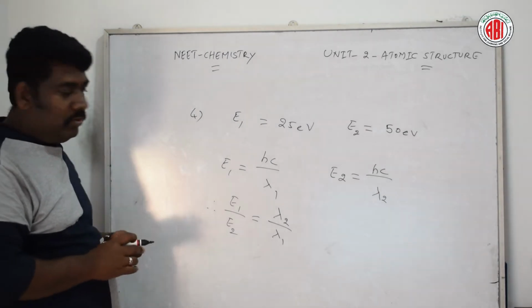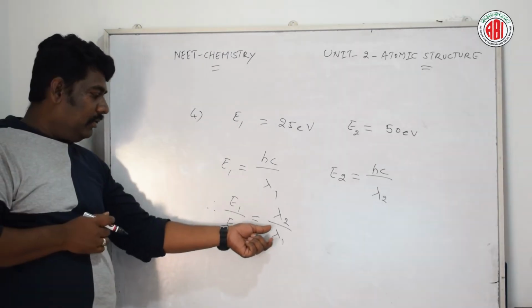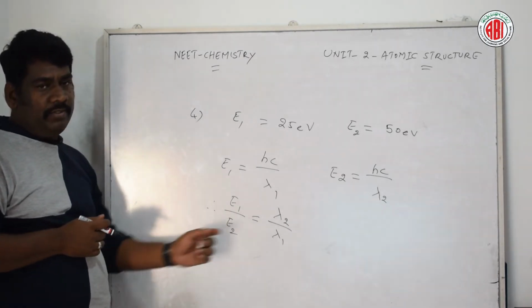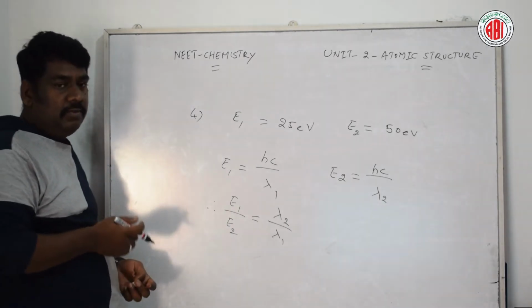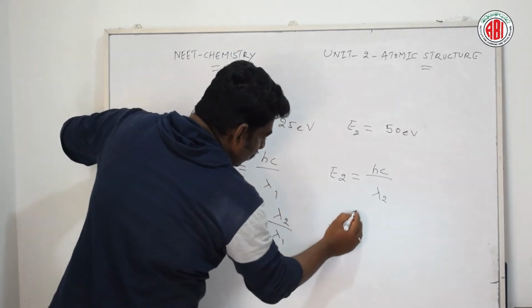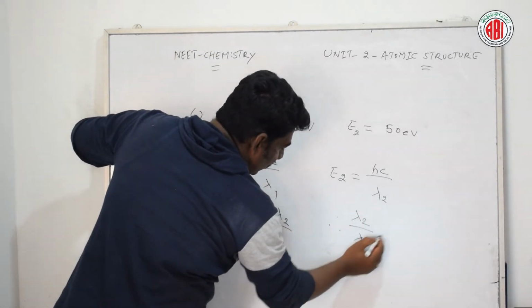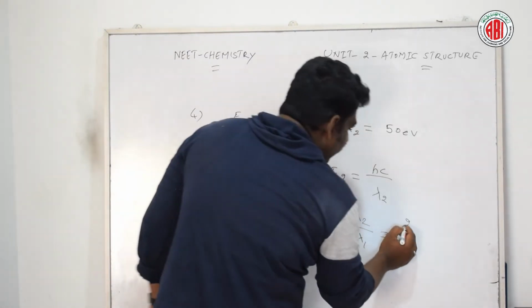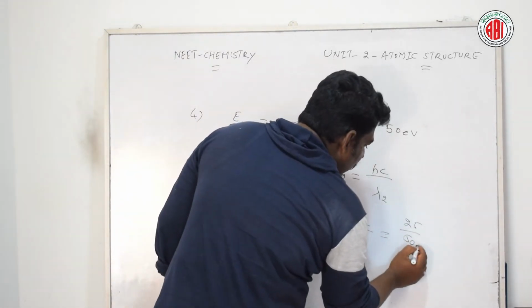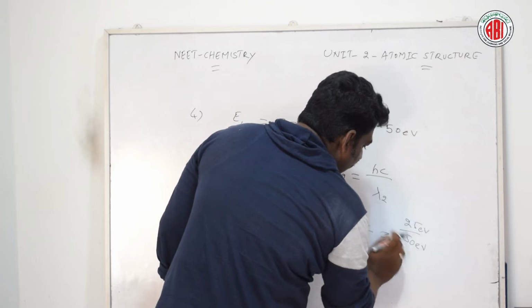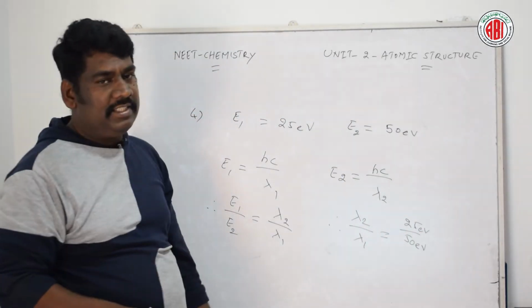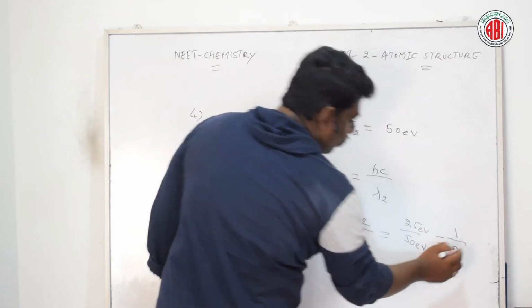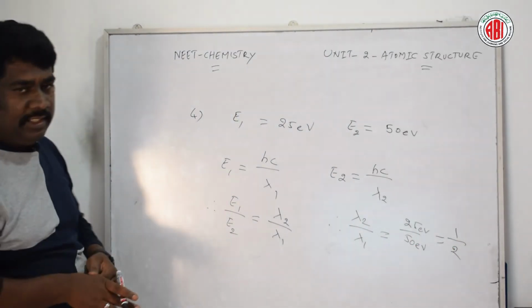Therefore lambda 2 by lambda 1 is equal to 25 electron volt by 50 electron volt. Simplifying this, 25 by 50 is nothing but 1 by 2.